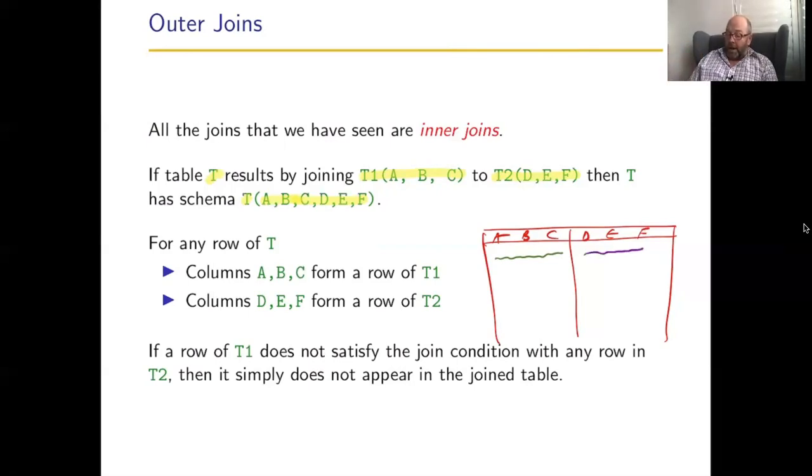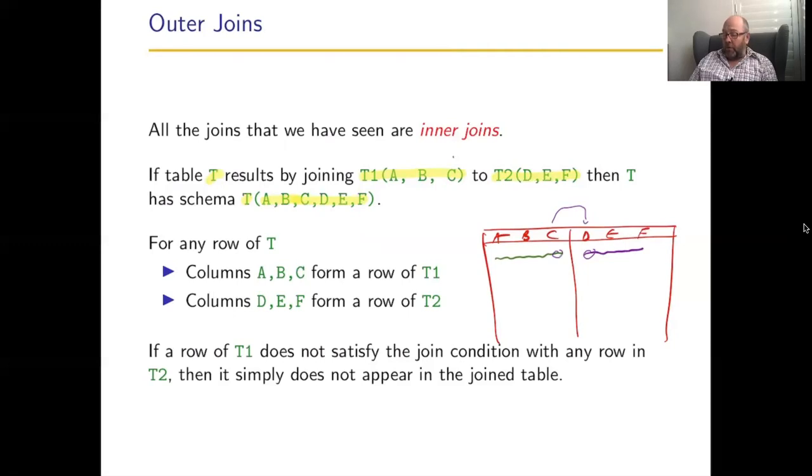Okay, what happens if there's a row of T1 that doesn't pair up with any rows of T2? It doesn't matter what the join condition is. It might be something like C equals D, in which case the green tuple would only match up with a purple tuple if the green value of C matched the purple value of D. But what happens if a row of T1 doesn't satisfy the join condition?